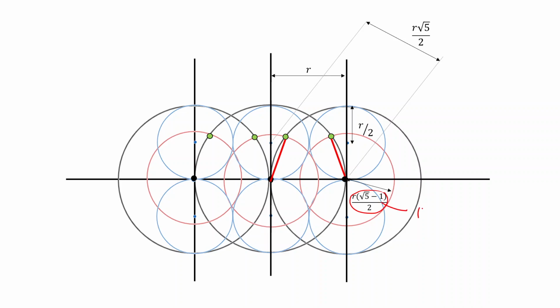I can call this length capital R, and this length here is also capital R. If we prove it, then I can show you that these angles which we made before are pi by 5. So this angle will turn out to be 2 times pi by 5, because when you draw these lines which I showed you before, you will get 2 times this pi by 5. But I'll show you the complete proof.